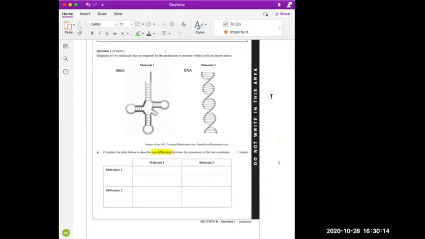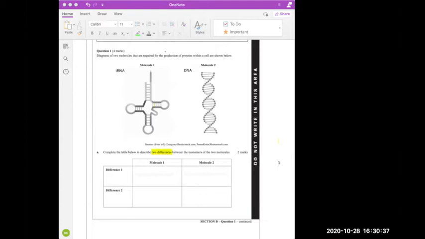So there's 3 differences between DNA and RNA. One is the nucleotide. In RNA, they have A, C, G, U, so U for uracil, whereas in DNA, it's A, C, G, T, T for thymine. So you can just put in difference 1, uracil, thymine.